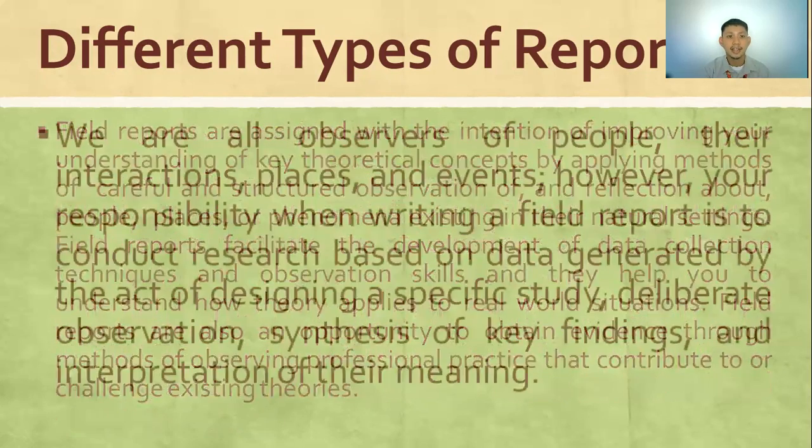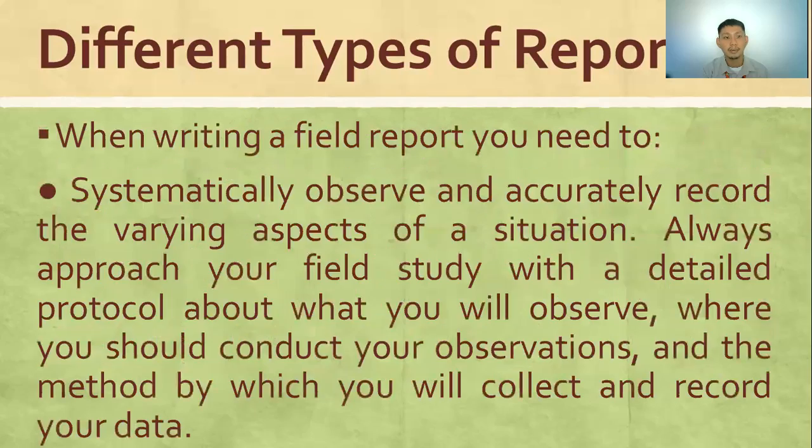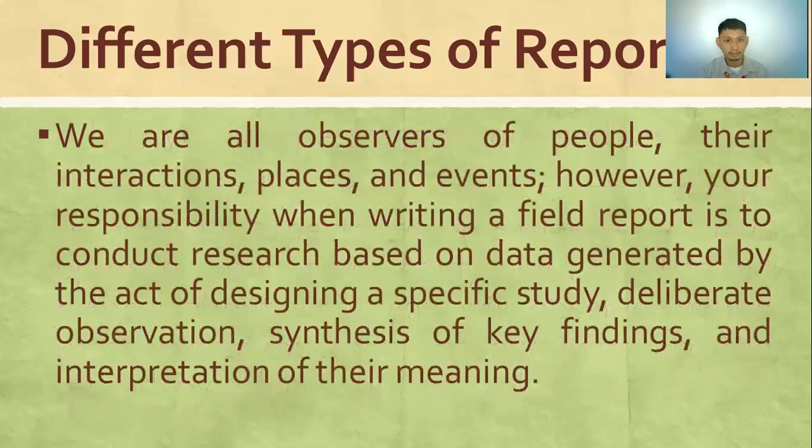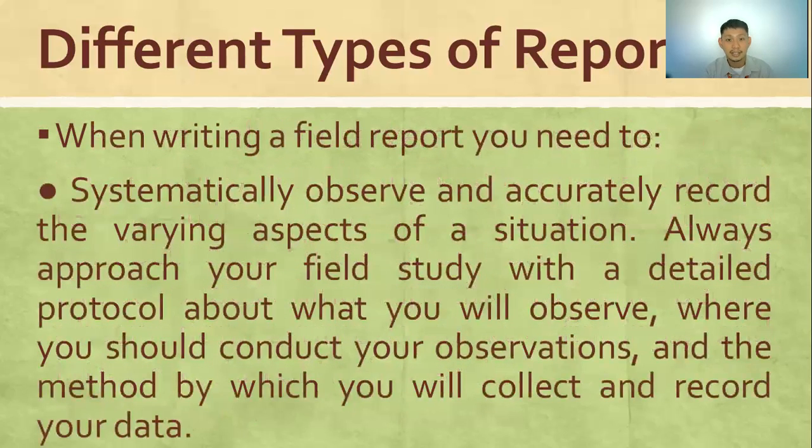Okay. Next, we have as well, okay, observers of people. When we say observers of people, these are interactions in places and in events. However, you are responsible when you are writing a field report, you need to conduct research based on data generated by the act of designing a specific study.